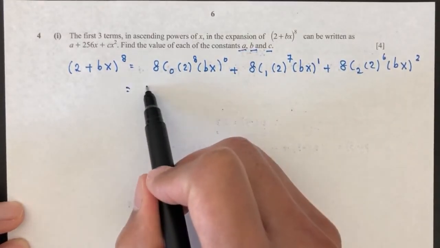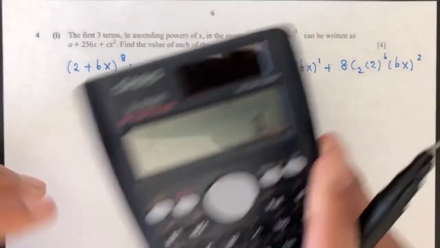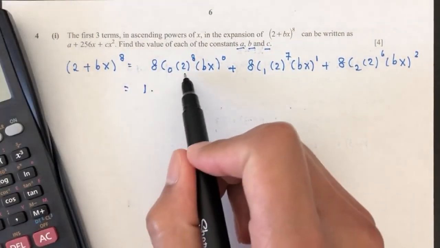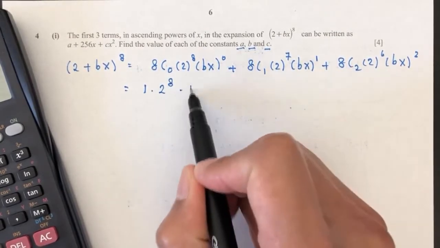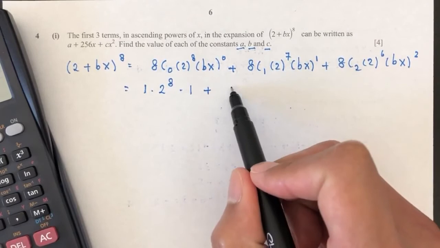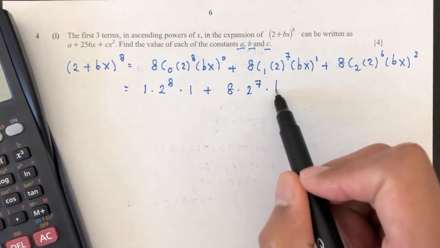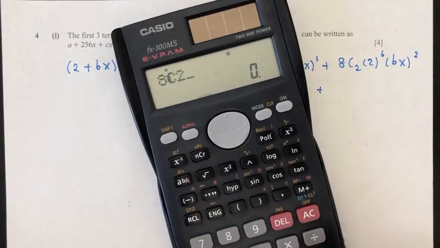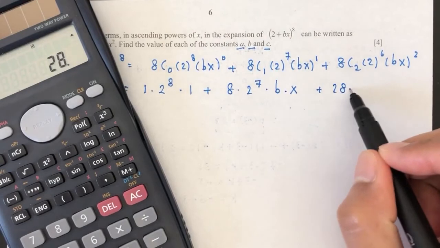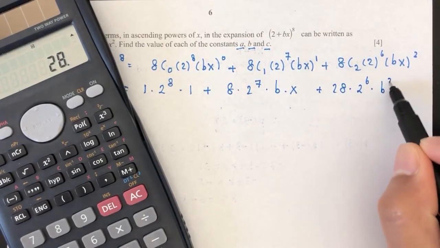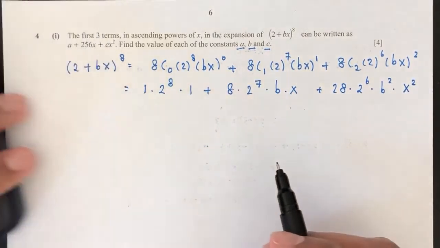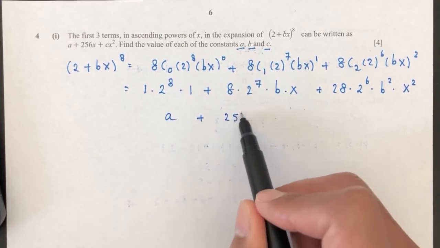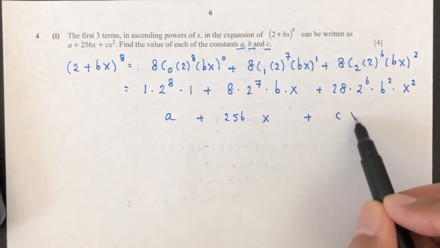So now let's simplify. This is 1. So we can just use our calculator. So 8C0 is 1 times 2 power 8, plus 8 choose 1 is 8, 2 power 7 times bx, and then 8 choose 2 is 28, 2 power 6, b squared times x squared. So now we have to compare to a plus 256x plus cx squared.